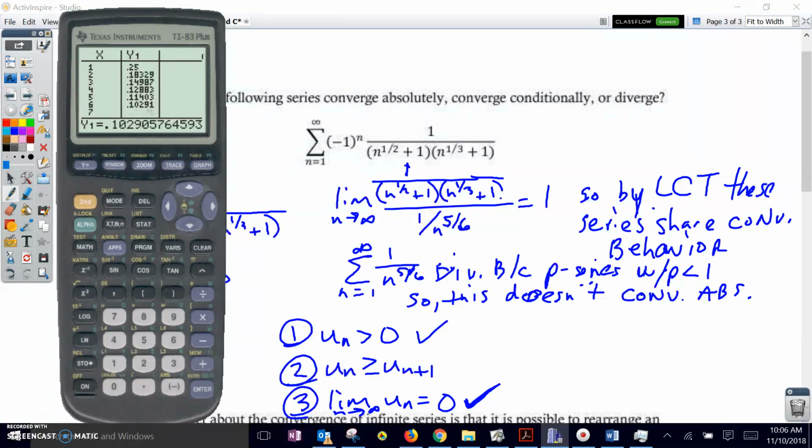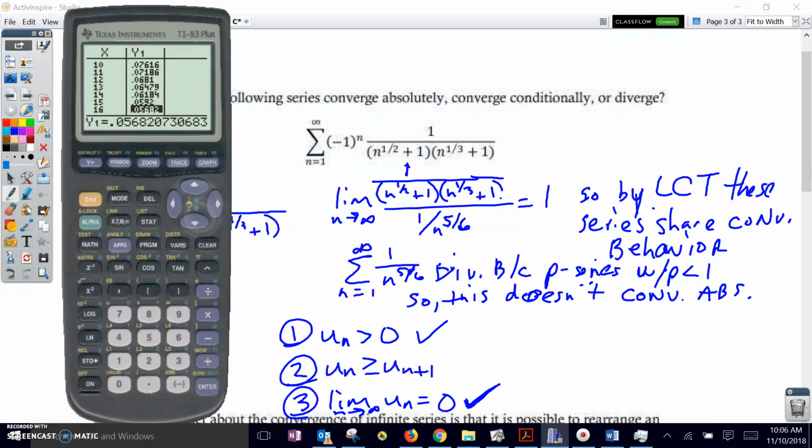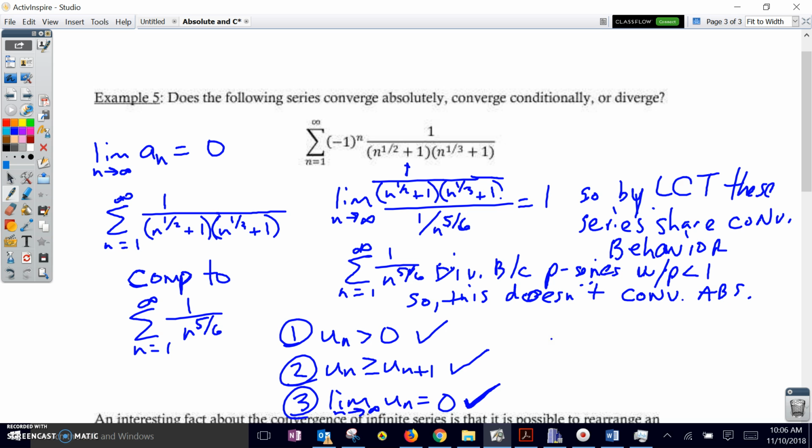And it looks like these are all positive, and since we know they're approaching 0, these are going to continue to decrease. So therefore, this one passes the alternating series test, and our original series here converges conditionally.